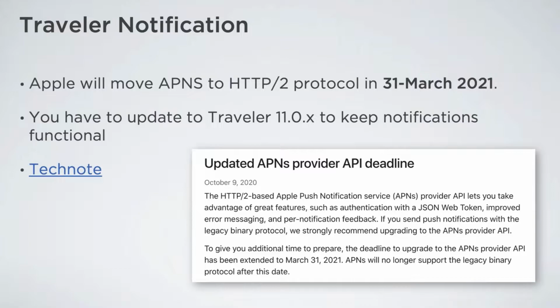And important for every company, because I think the majority of you use Traveler for mobile access to mail and calendar. If you are not on Traveler version 11, then very likely your users will stop receiving updates on Apple devices regarding new mail or notifications like, ping, you have new mail, ping, in 15 minutes there is a calendar meeting.